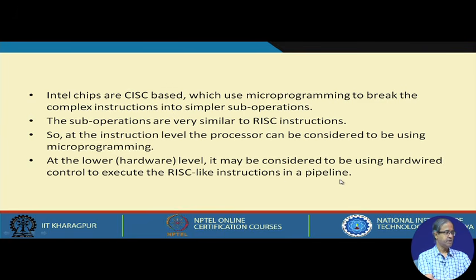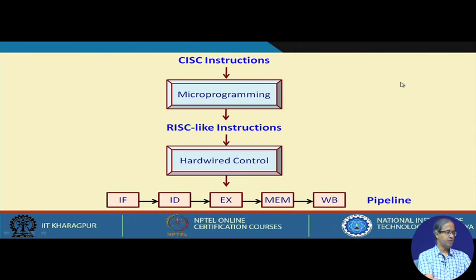So, pictorially it can look like this. You have the CISC instructions at the top level, then you have microprogramming which will be translating them into simple operations which are RISC like instructions, which in turn will be executed on a pipeline.